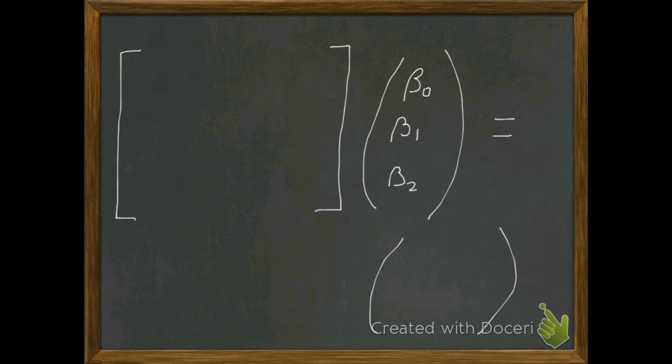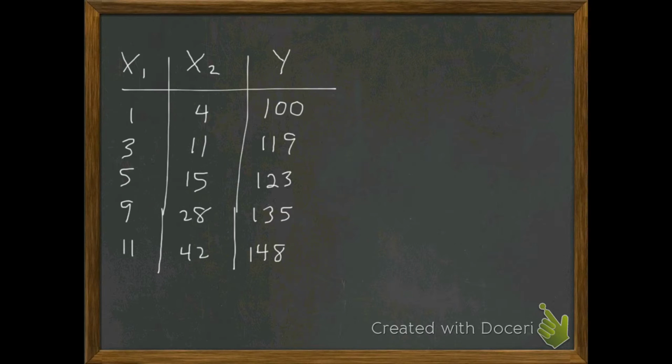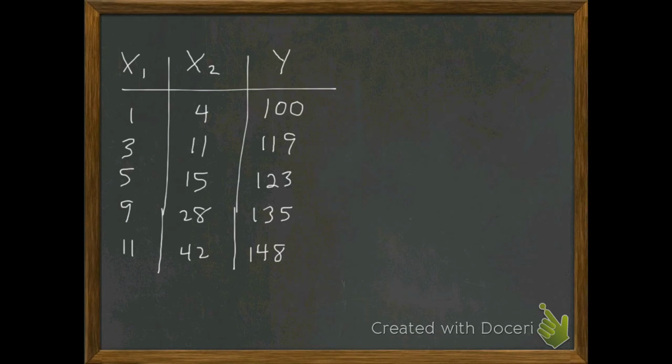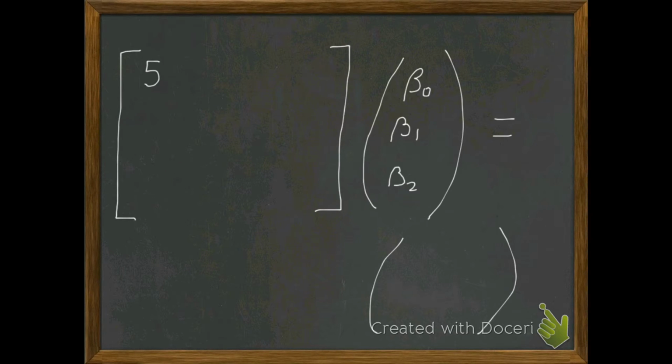Clearly what we're going to have in this place is 5. And if we go back and look at this particular part, this is just going to be the sum of the x's for the first variable. So what I need to do here is just sum up this column. And if I've summed up that column correctly, then I'm going to have a 29 right there.